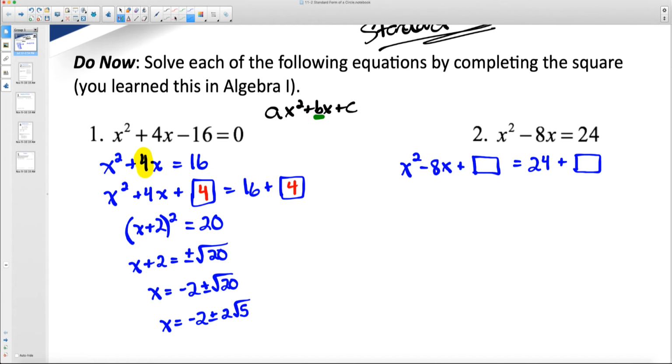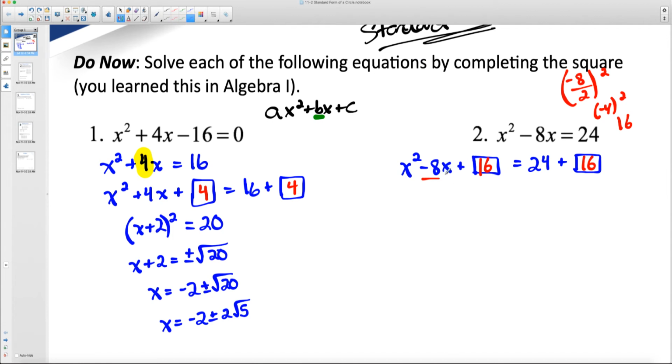The way we figure that out is by taking our b value, which is -8. So take -8, half it, and then square it. So -4 squared is 16. So 16 is that special number that we're adding to both sides.